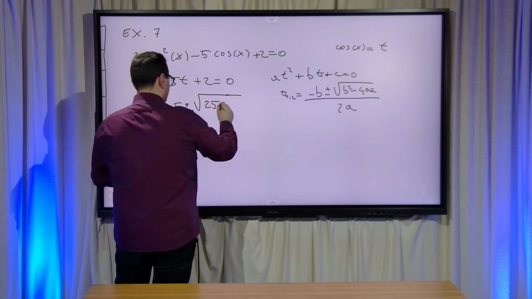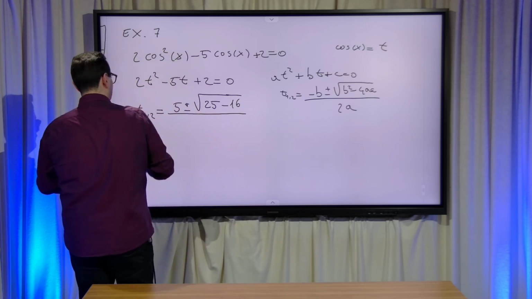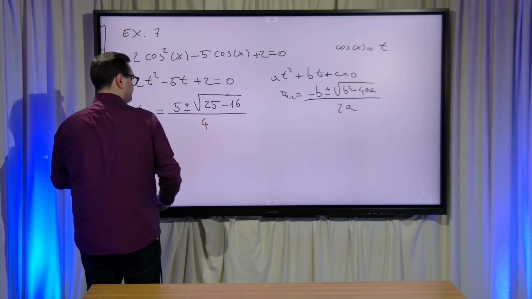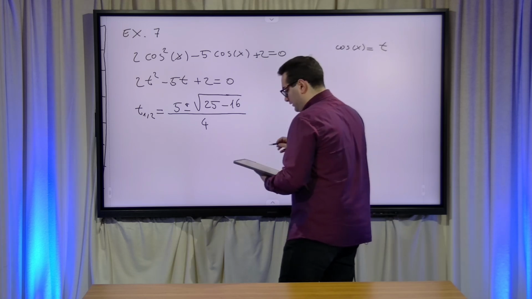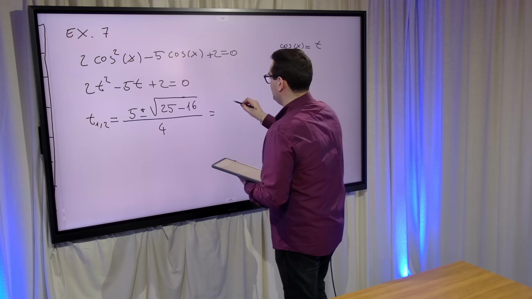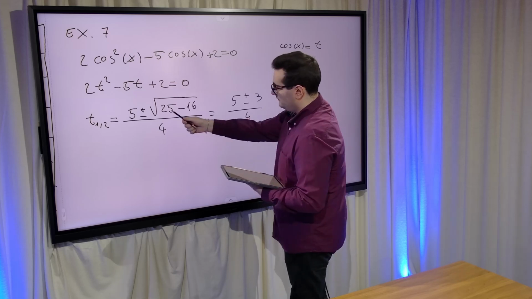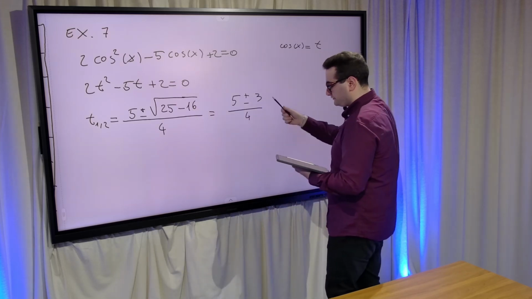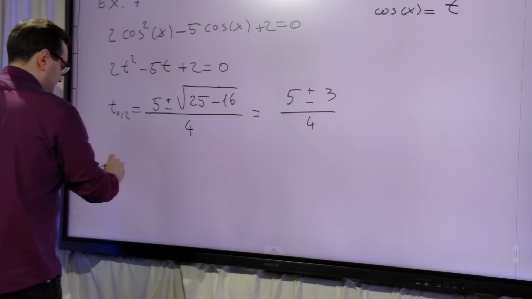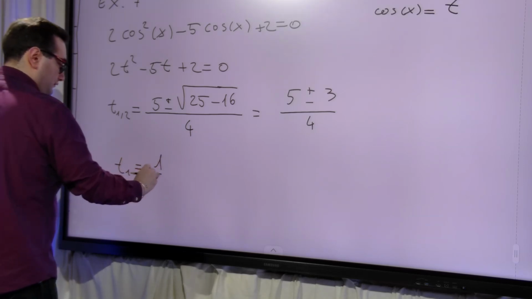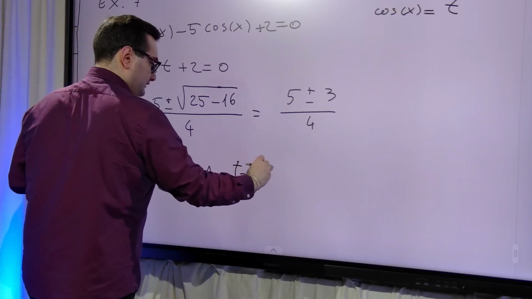If I do the multiplication here, I get 16, over 2 times 2, so 4. I can write here the result. This is 9, so the square root of 9 is 3. And from this one, I get that t1 is 1/2 and t2 is equal to 2.